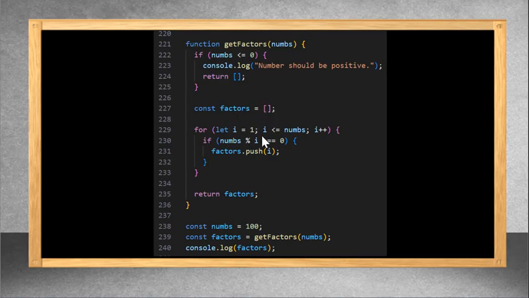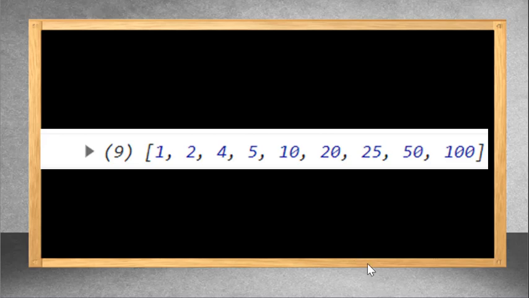Then here's my for loop. I check each one, and if I get 0 as the remainder, I push that number. And then I continue on until the very end, to 100. Then I return that array of factors, and I console log, I print it out. So for 100, there's my list.